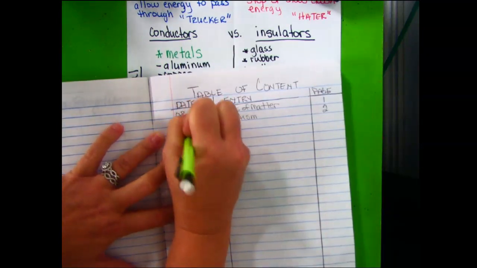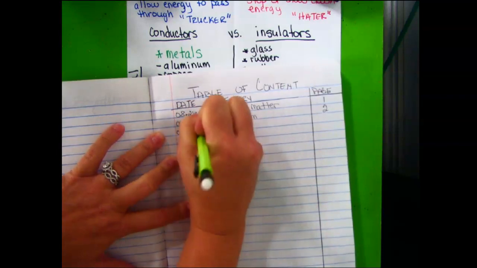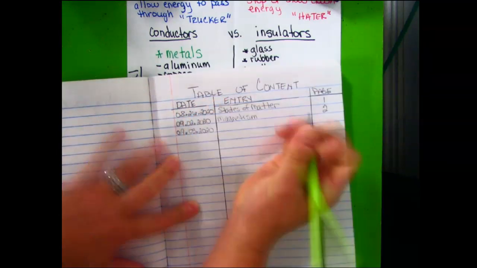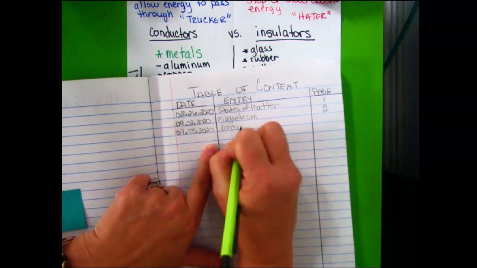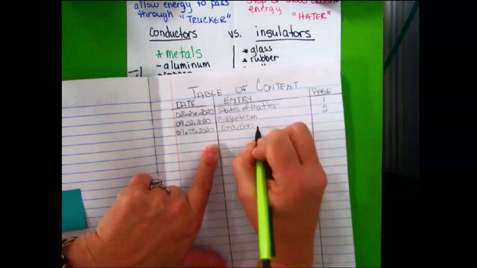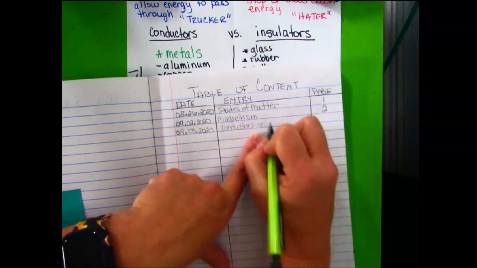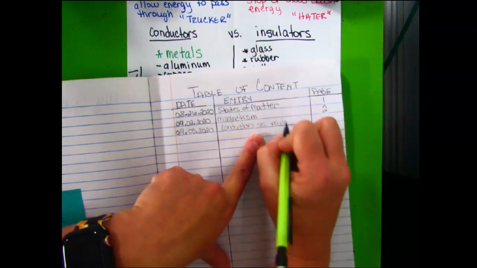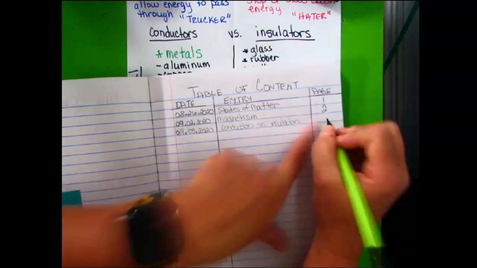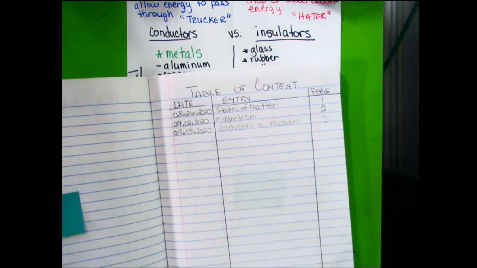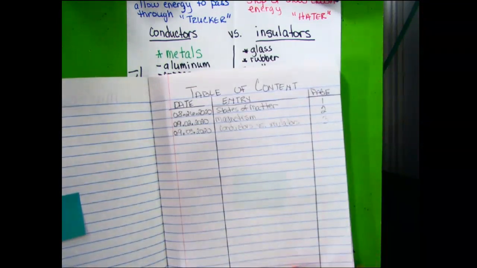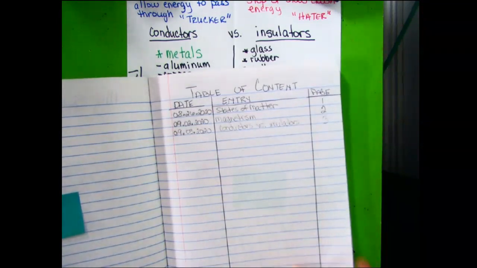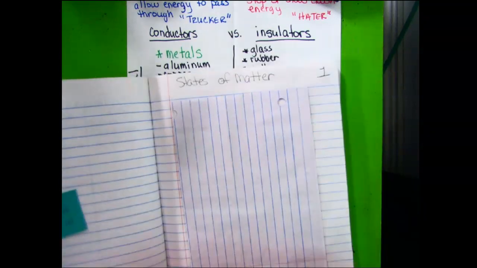Today is September 3rd of 2020. My entry is conductors versus insulators, and it's going to be on page 3. So I'm going to go to page 3.